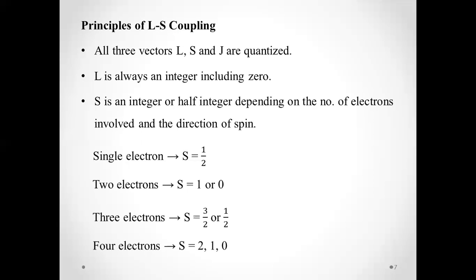In a 3-electron system, S is equal to 3/2 or plus half, depending upon whether 3 electrons are parallel, or 2 are parallel and 1 is anti-parallel. For the 4-electron system, S is equal to 2, 1, 0.